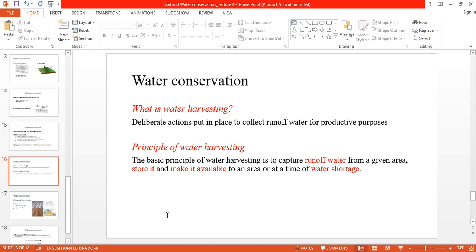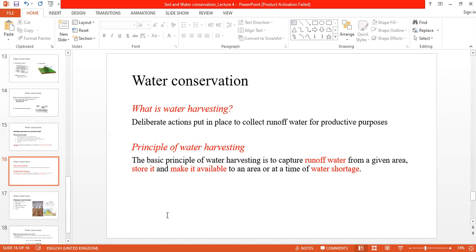So, in short, water harvesting will be the deliberate action of collecting runoff and storing it so that you use it for productive purposes. Rather than it just being lost, you collect it and then you use it for growing your crops.